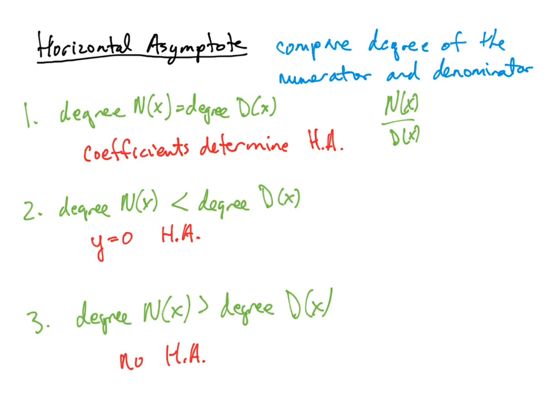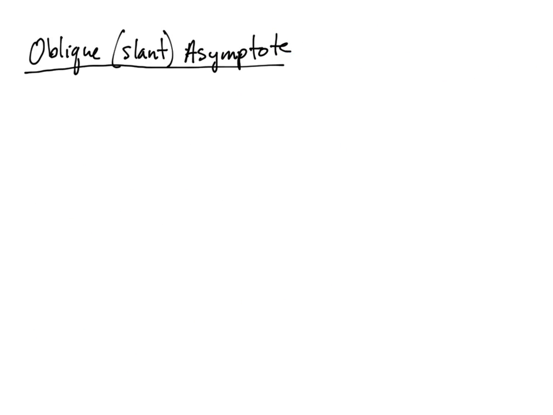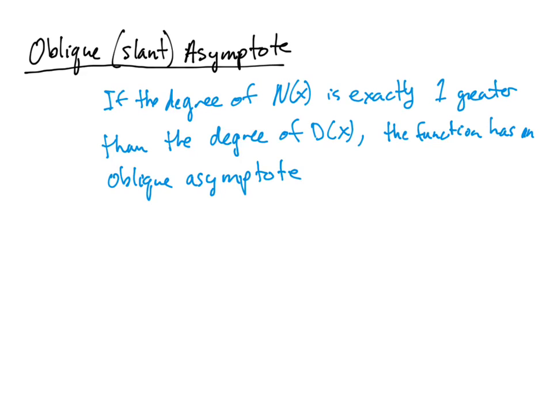So that covers the three instances, and later in the video we will do a few examples, and each of these will be addressed. The third and final type of asymptote is an oblique asymptote or a slant asymptote. If the degree of the numerator is exactly 1 greater than the degree of the denominator, then the function has an oblique asymptote.